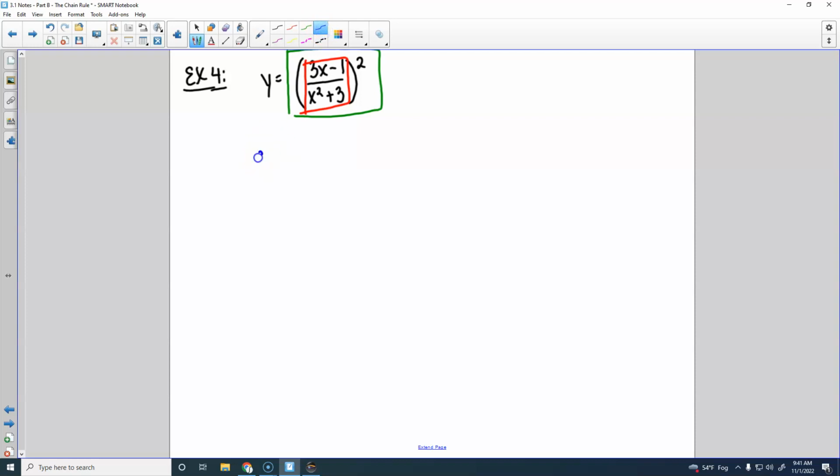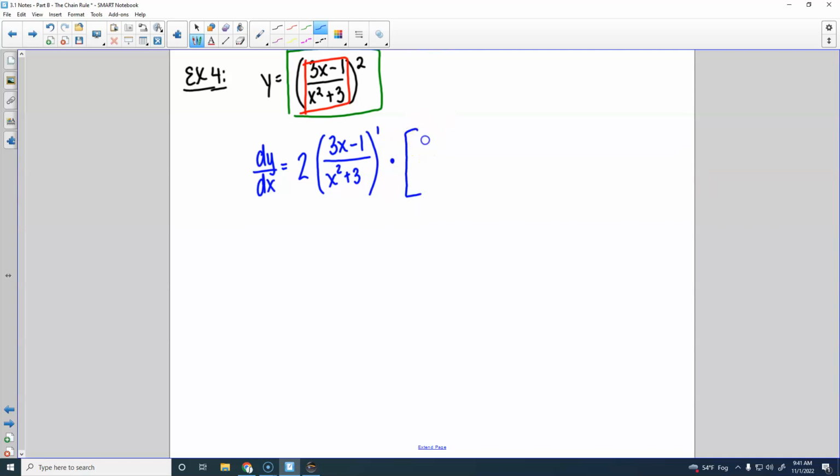So when we take the derivative of this, the outside is just going to be 2 times, leave the inside stuff the same, 3x minus 1 over x squared plus 3 to the first power, if you want to write it, but you don't have to write that, obviously. Now we need to multiply by the derivative of the inside. Here is where we have to use quotient rule.